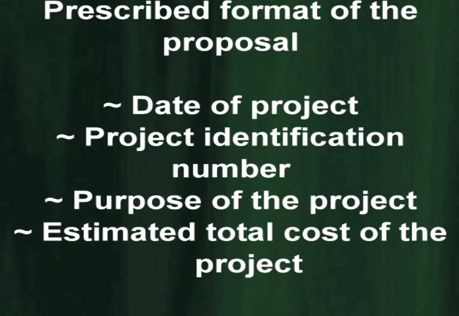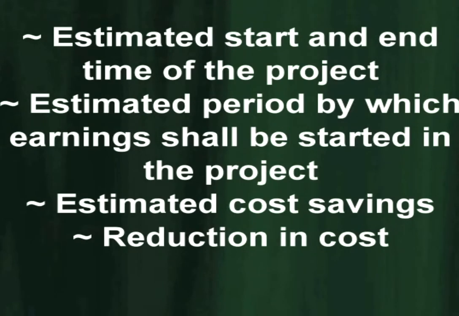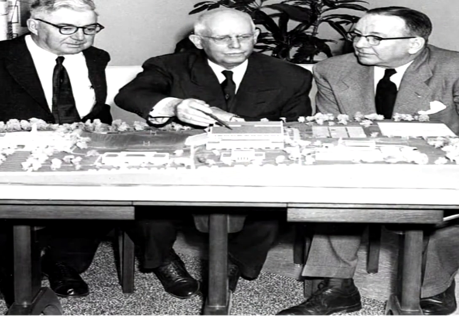It shall include the date of the project, project identification number, purpose of the project, estimated total cost of the project, estimated start and end time of the project, estimated period by which earnings shall start in the project, and estimated cost savings and reduction in cost. This proposal shall be presented to the planning committee.